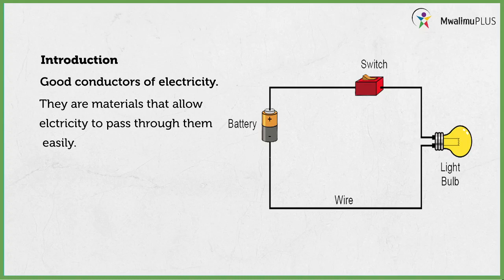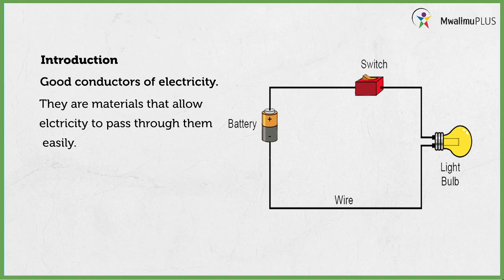So we are going to talk about good conductors of electricity. What are they? Good conductors of electricity are those materials that can allow electricity to pass through them. Remember, we said that current electricity travels through wire.